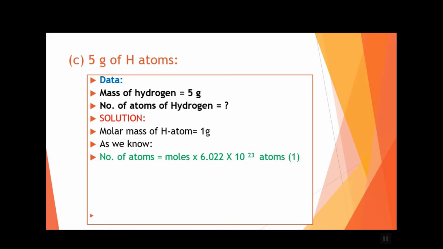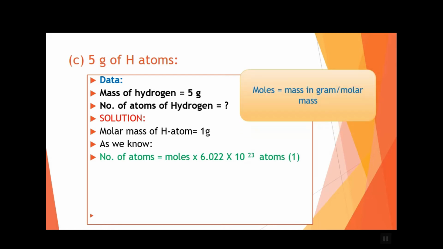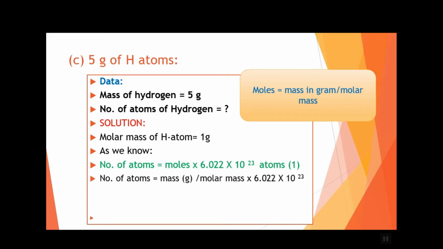We have to open the formula of moles in that formula. Then we will put the values and get the answer. Number of moles is equal to mass in gram divided by molar mass. So, number of atoms is equal to mass in gram divided by molar mass into 6.022 exponent 23.